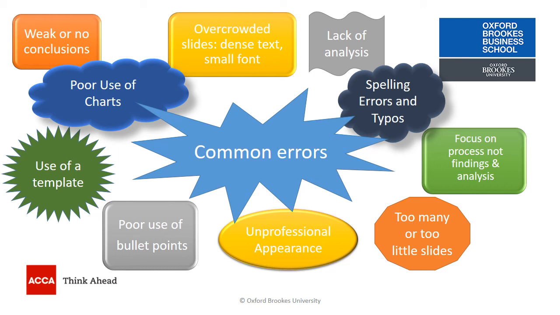This may be apparent through, say, the inclusion of a business model which is just a generic picture of the model, rather than showing how that business model has been applied to your research and analysis project. It could also be where you present graphs but don't include any discussion of those graphs, so you don't have any bullet points providing the analysis of the data pictured within the graphs.